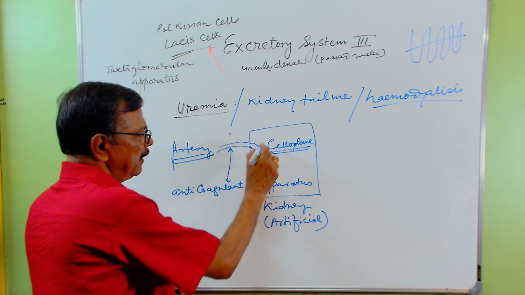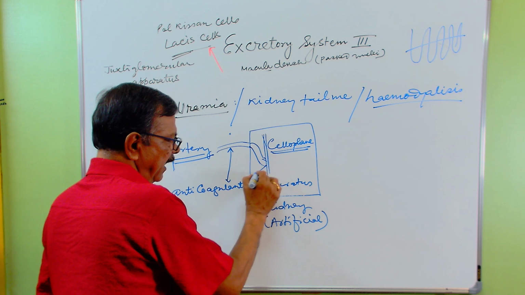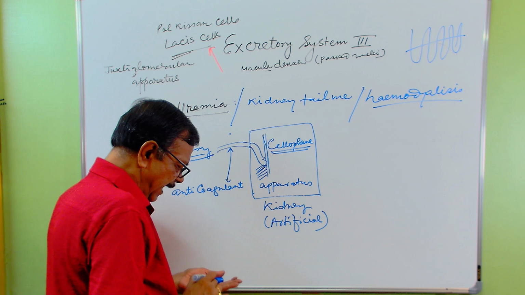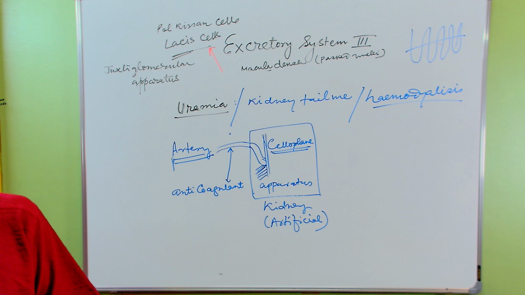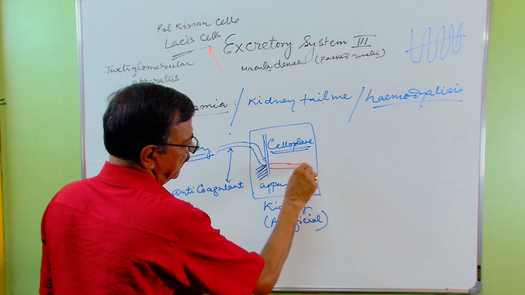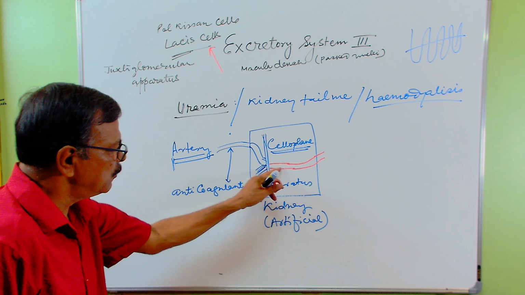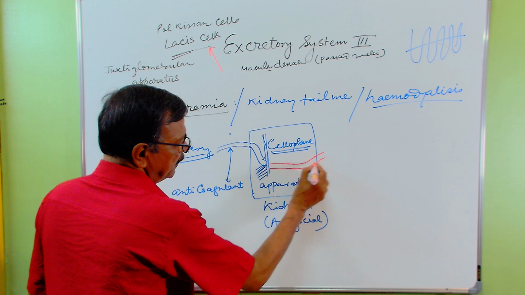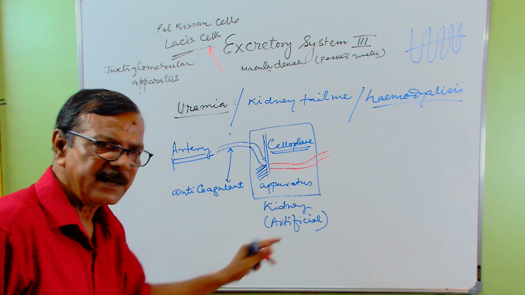Through this cellophane, the urea and uric acid cannot go in, and the good blood, which is devoid of urea, comes out. This good blood, that is, with less urea or no urea at all, comes out from this apparatus, the artificial kidney.